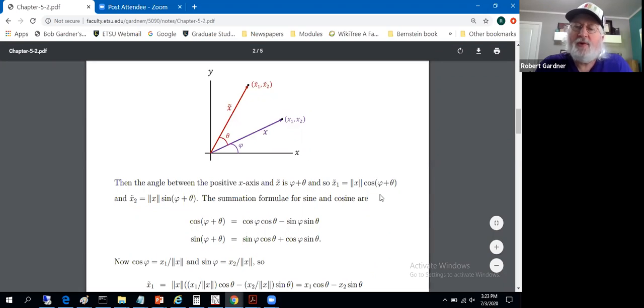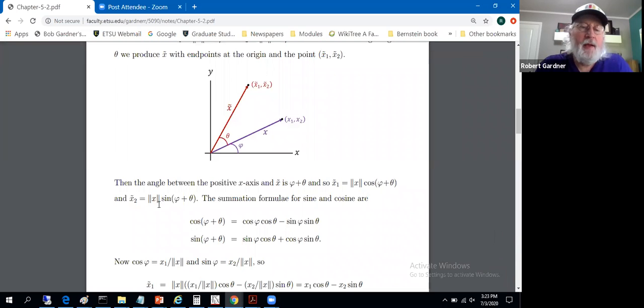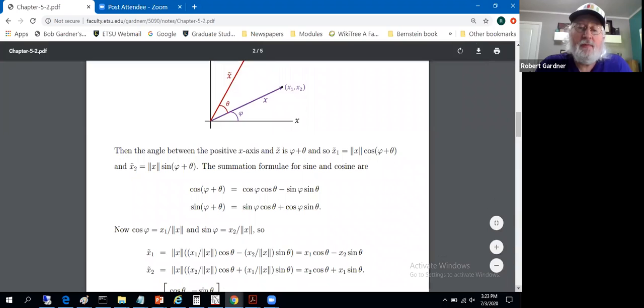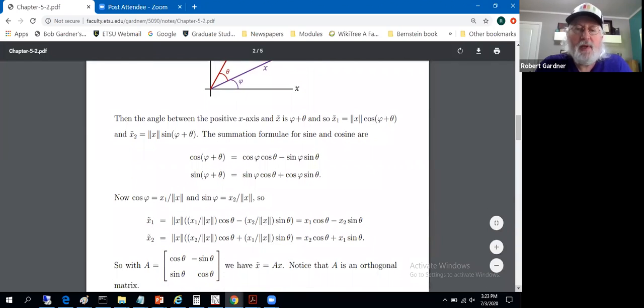It's the norm of the vector times the cosine of the angle it makes with the positive x-axis. x2 tilde is the norm of the vector times the sine of the angle it makes with the positive x-axis. So we get these representations for x1 tilde and x2 tilde, and we're going for representing this transformation with a 2x2 matrix. And quite likely you did this in linear algebra, or it's in your book at least.